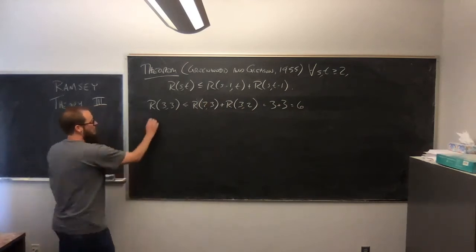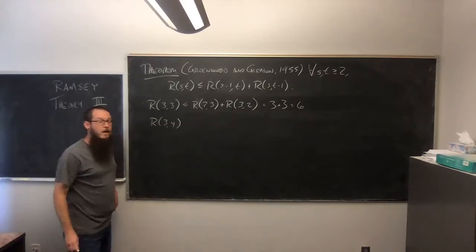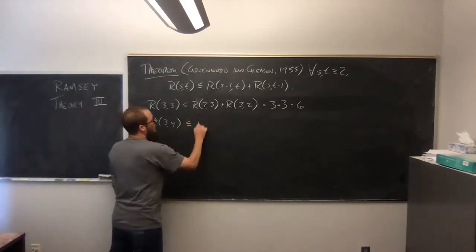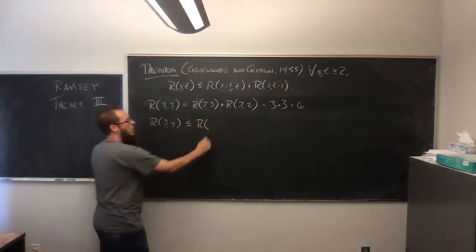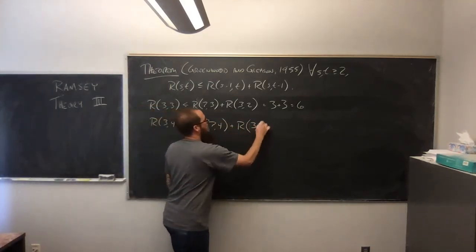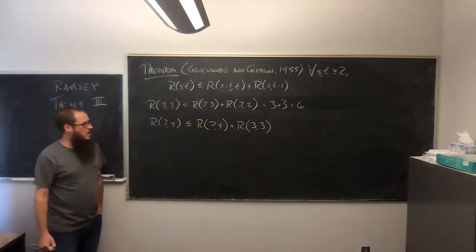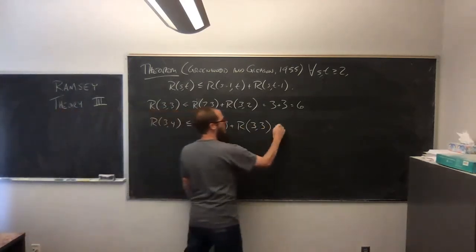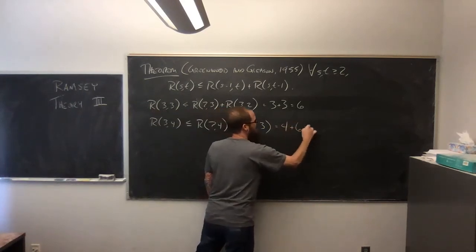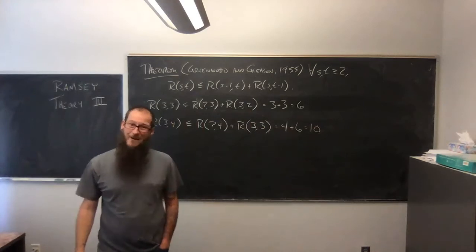We could also take a look at something like R of 3, 4. Maybe this will give us the same upper bound here. Well, this one is going to be less than or equal to R of 2, 4 plus R of 3, 3. Well, this time I get a 4 and 6, and I get 10. Well, we actually proved that this was less than or equal to 9.